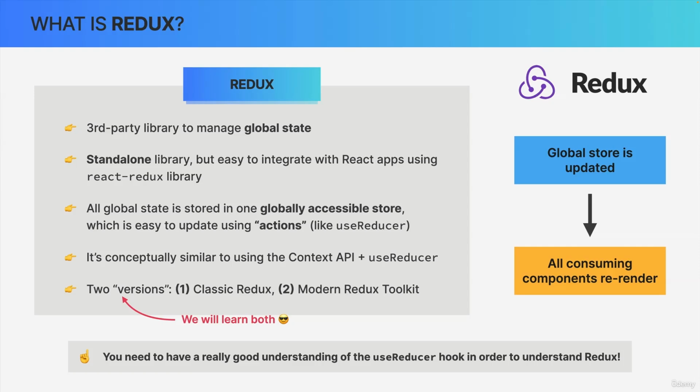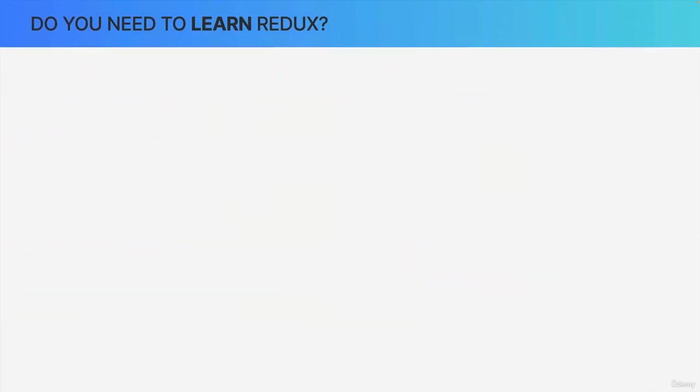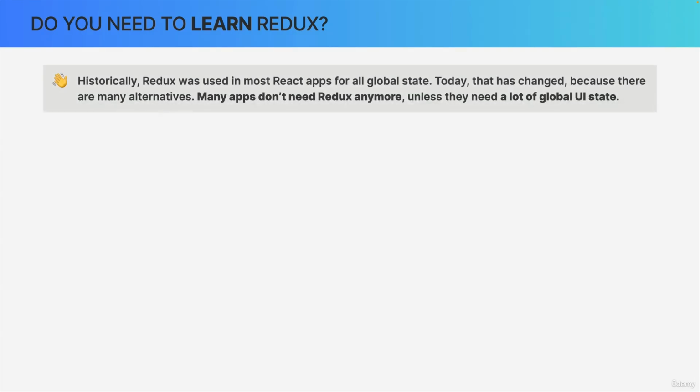Okay, now before we move on to learn how Redux works, let's quickly check out when we should actually use Redux. And let's start with some history. So, historically, a few years back, Redux was used in almost every React app out there for all global state management needs. So, you really needed to know Redux. It was as if Redux was even part of React.